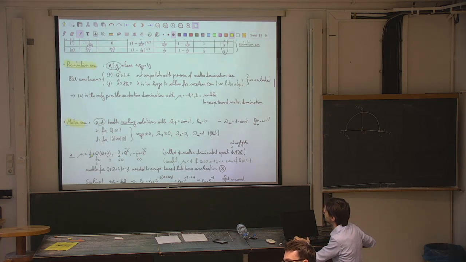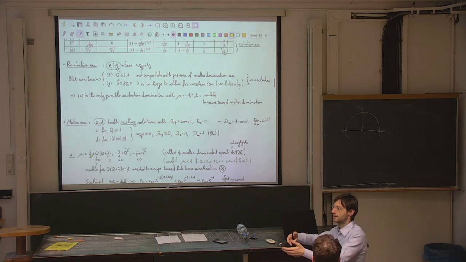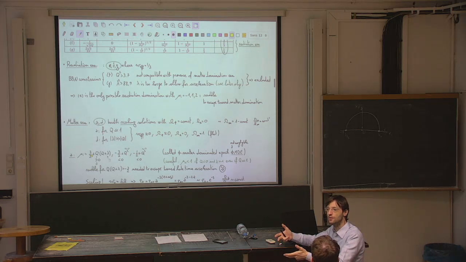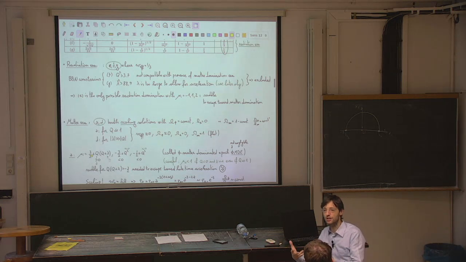Regarding the question before, why do we want to stay in the radiation era? Well, because a radiation epoch must last enough to explain, for example, the Big Bang nucleosynthesis. Okay, so we need to stay there for a while, and it's more likely if we are next to a saddle point than an unstable point. And that's because of the initial conditions.